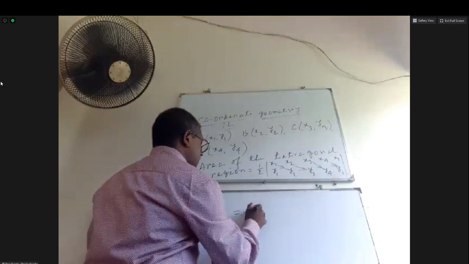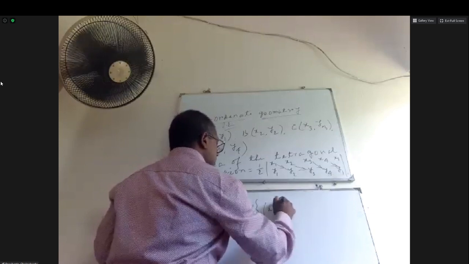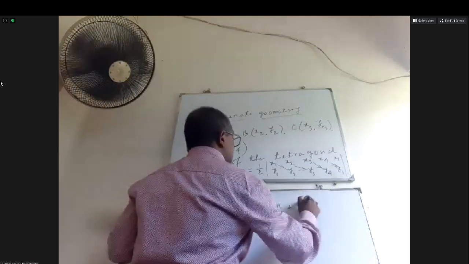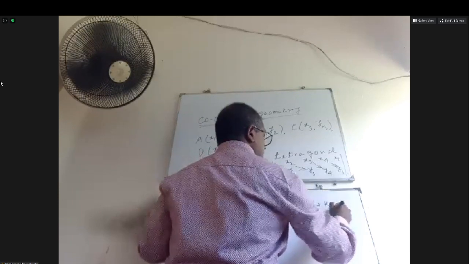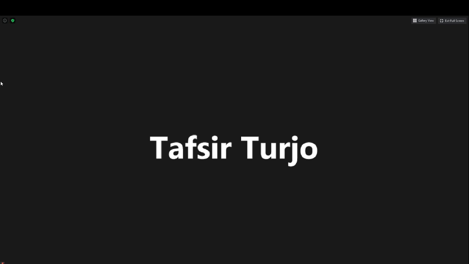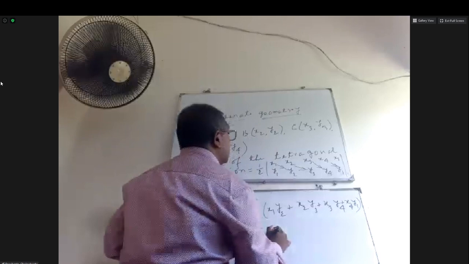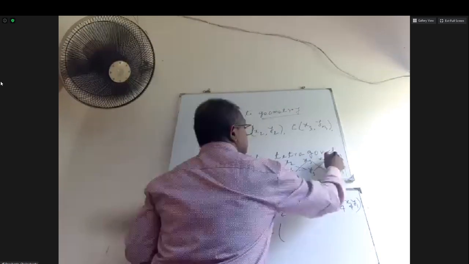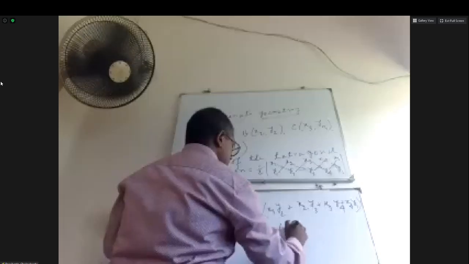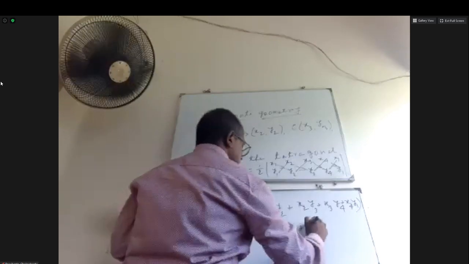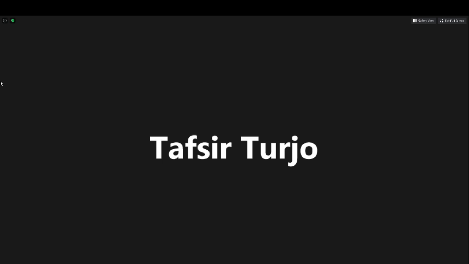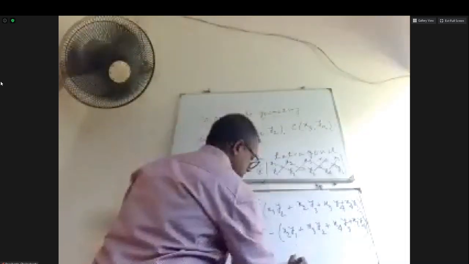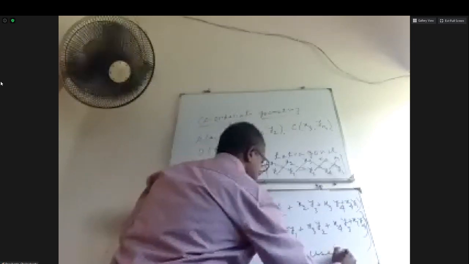Equal to half, in the first bracket x1 y2 plus x2 y3 plus x3 y4 plus x4 y1, minus, in the second bracket x2 y1 plus x3 y2 plus x4 y3 plus x1 y4, square units.